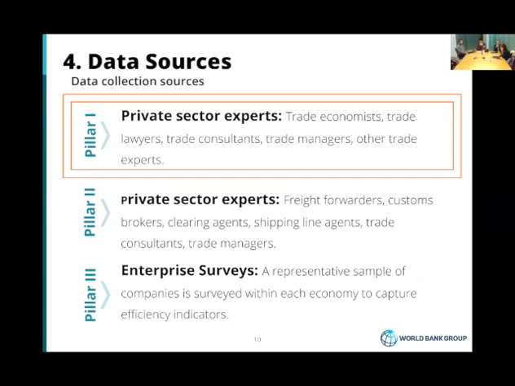For Pillar 2, due to the nature of the questions that are asked, these experts include trade professionals, such as freight forwarders, customs brokers, clearing agents, trade consultants, trade managers, to name a few. These experts provide valuable insights into the framework and the provision of public services from their own experience.